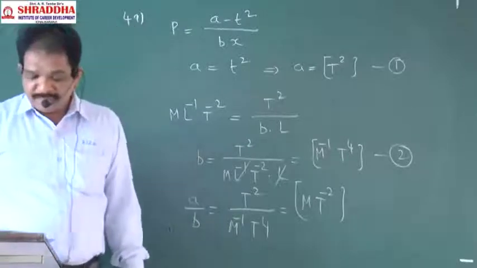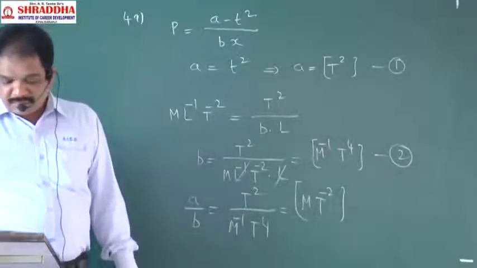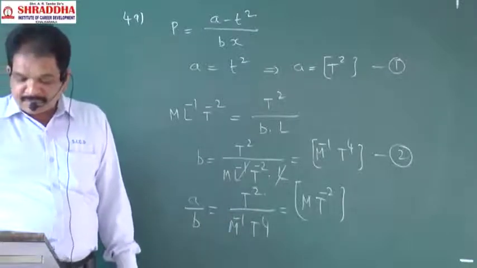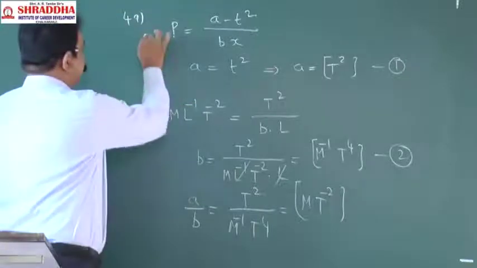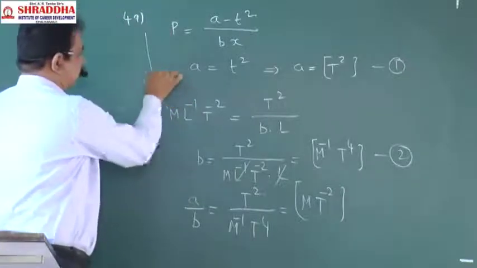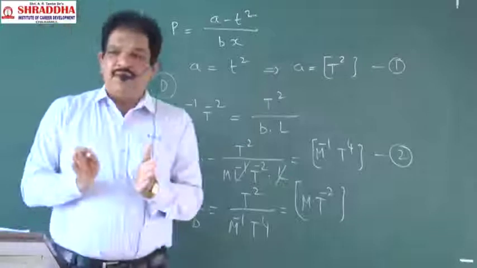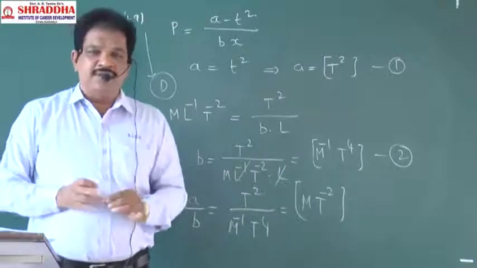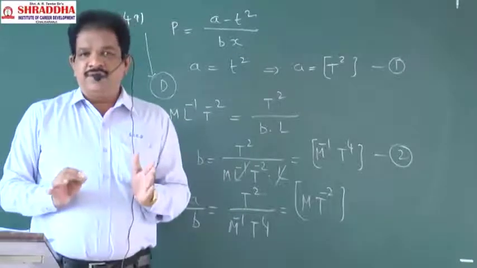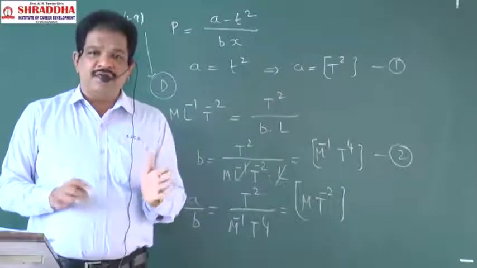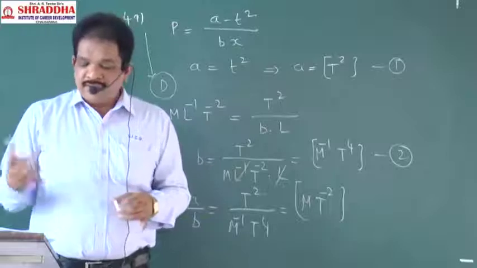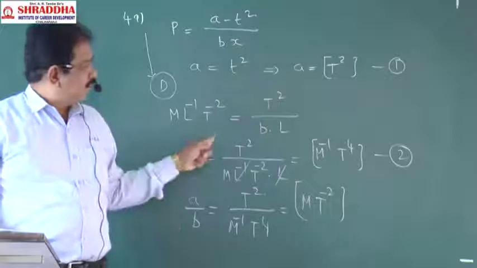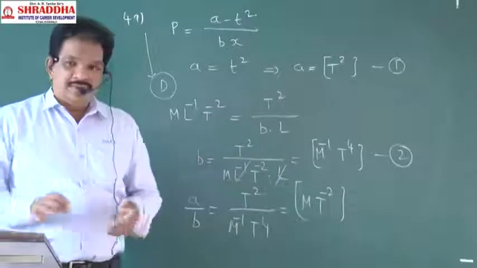A by B. M T power minus 2. So option D will be the answer for this. Clear? Simple only. All problems are relating to dimensional formulas only. That's why you have to memorize each and every dimensional formula. Then you apply, then you will get the answers. Okay? Like this you should do this one.